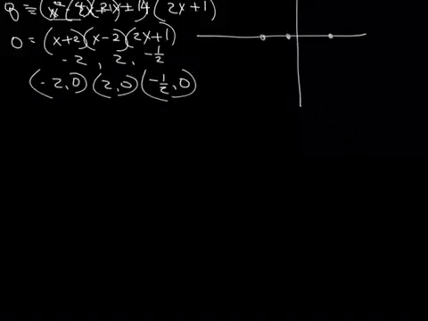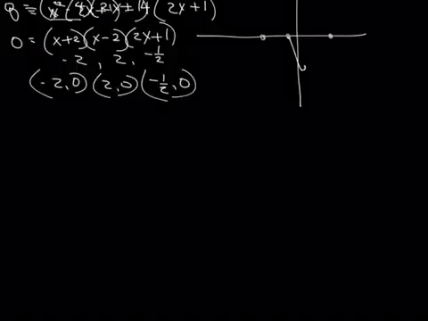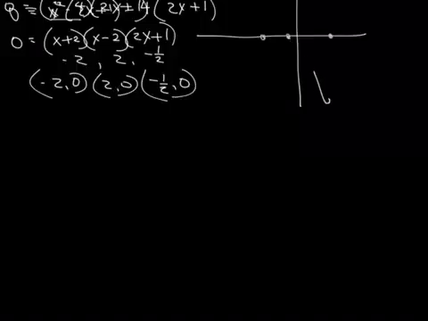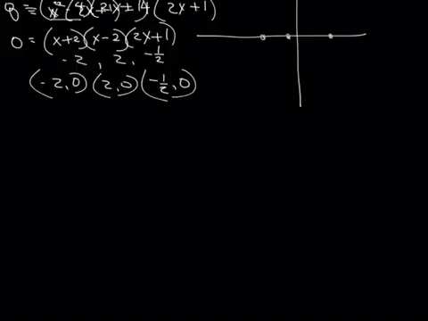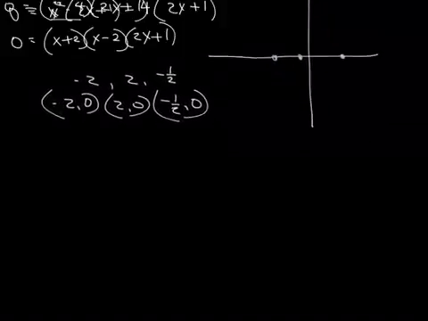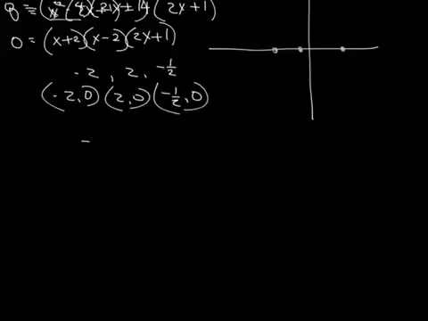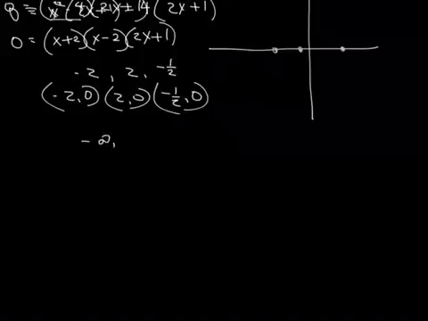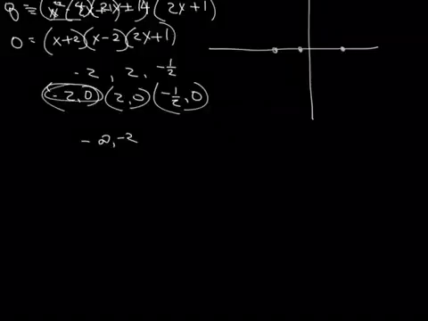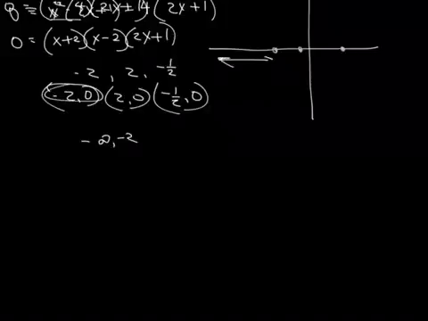And so my intervals are going to be, well, let's get this back down here again. My intervals are going to be negative infinity to negative 2. That takes care of everything over here. And then we go negative 2 to negative 1/2, and that takes everything from here to here.